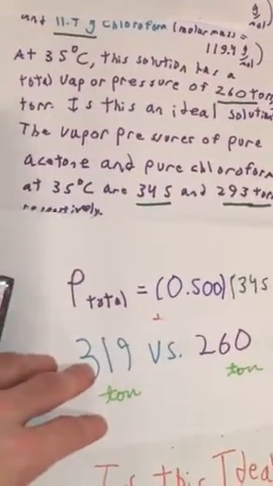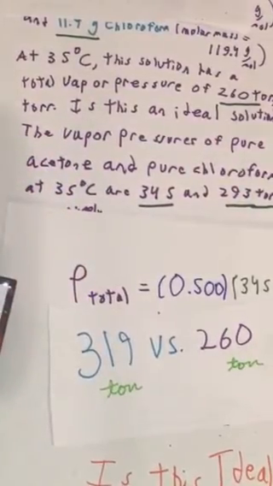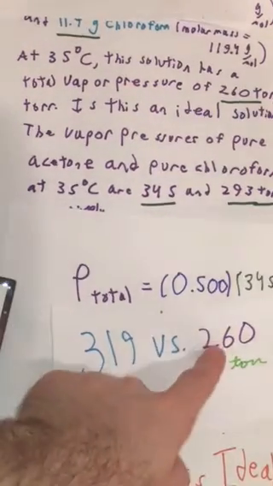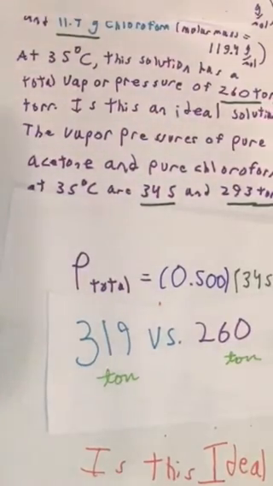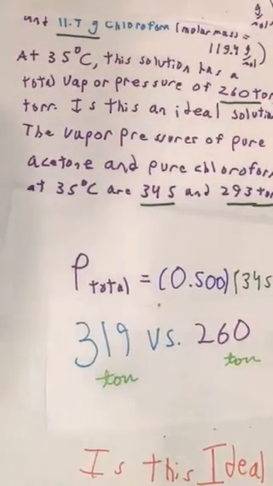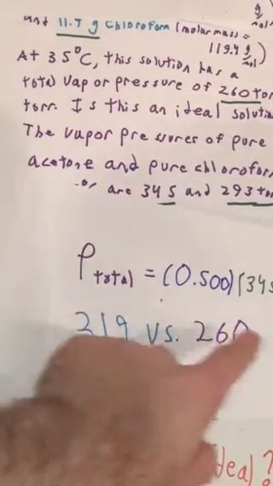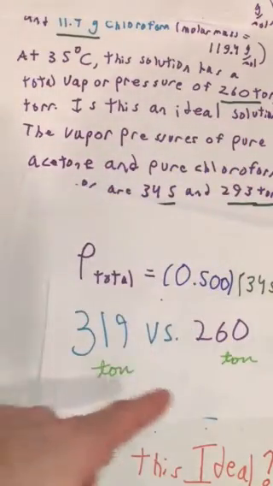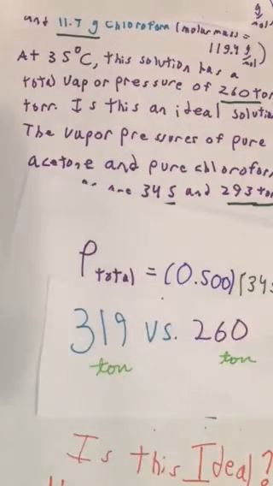But actually what you find is what you expect it to be, but what it gives is what is observed. So if what is observed is lower than what is expected, then you have a negative deviation. Now if this number was like 210, it would be a positive deviation, because observed would be 260 and higher.